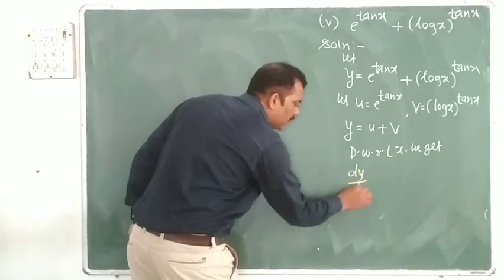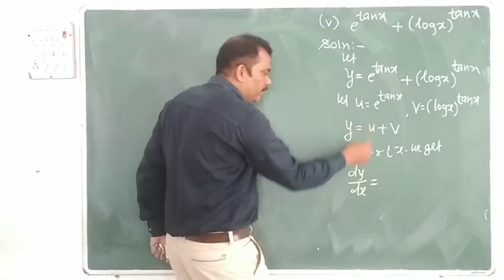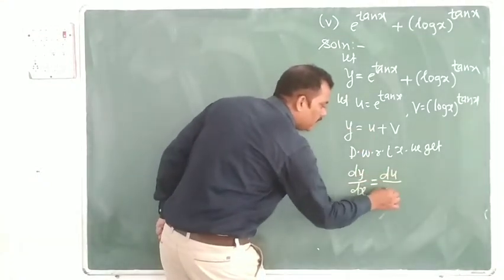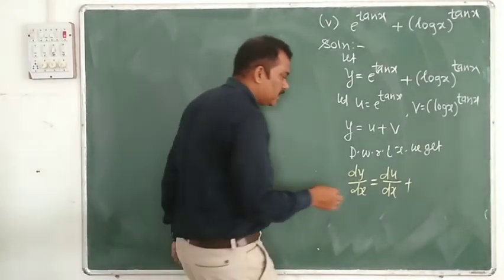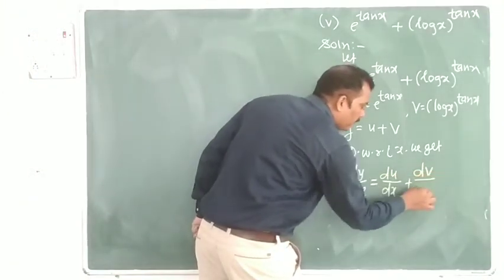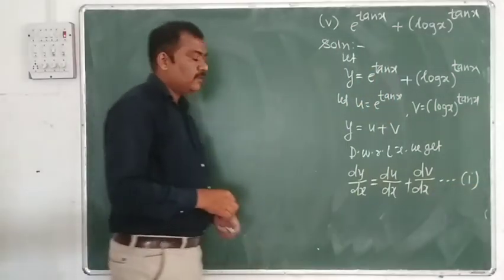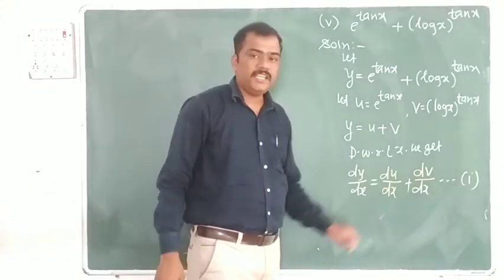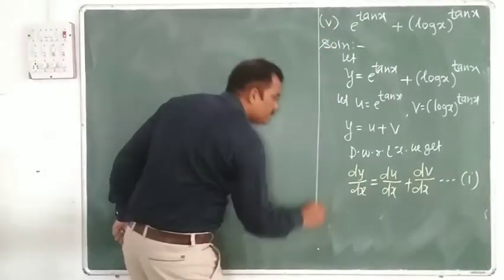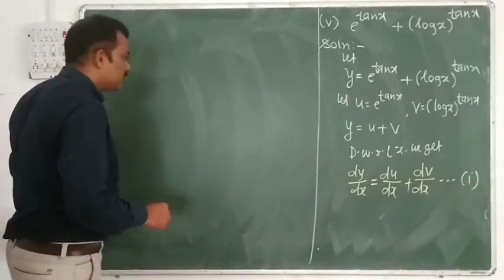That is dy by dx is equal to, what is the differentiation of u with respect to x? du by dx, plus what is the differentiation of v with respect to x? It is nothing but dv by dx. So for that we give the number first. Okay, now we have to find the individual values of du by dx and dv by dx. So we consider u is equal to e raised to tan x.